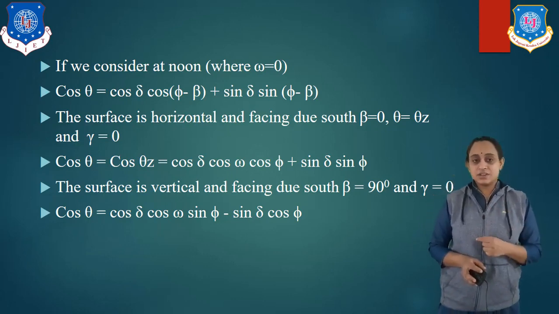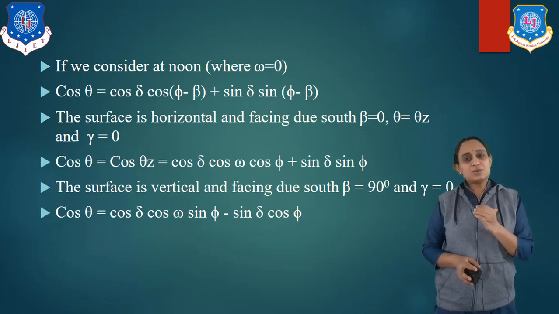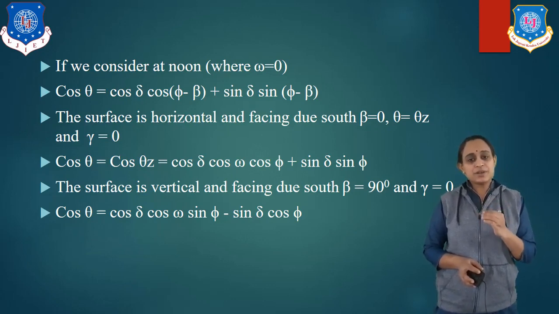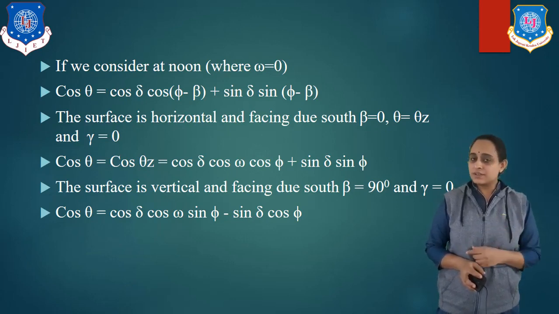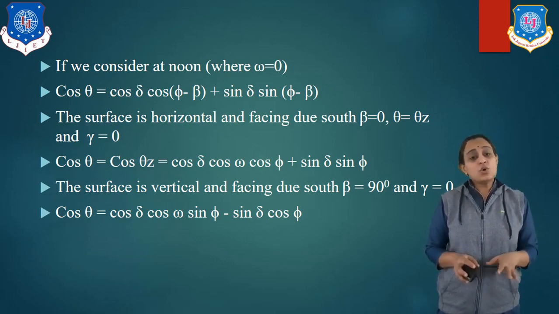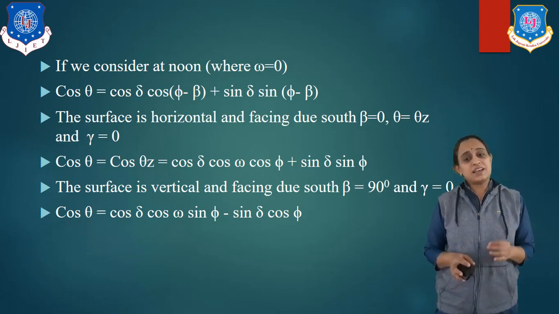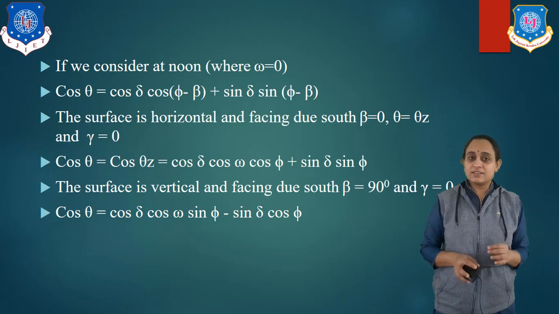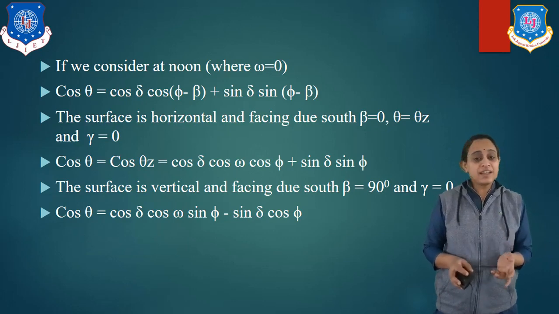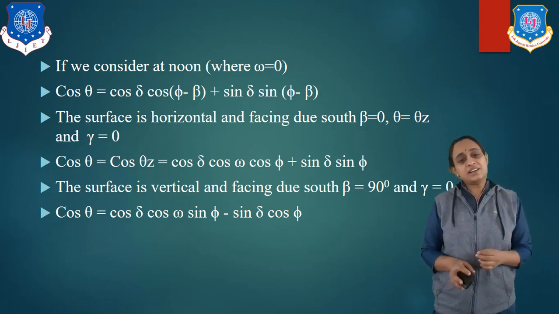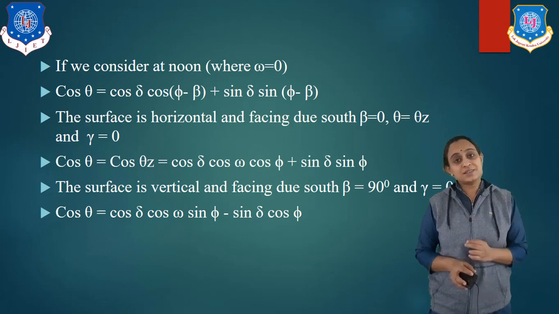The final equation is cos theta equals cos delta cos omega sin phi minus sin delta cos phi. What does this practice represent? It gives us an idea based on the angles. If we know different angles, we can easily identify our unknown angles.